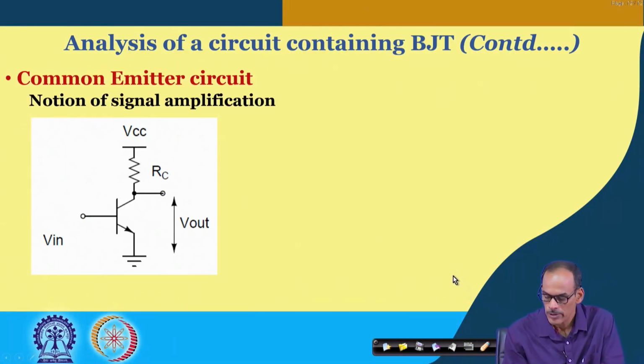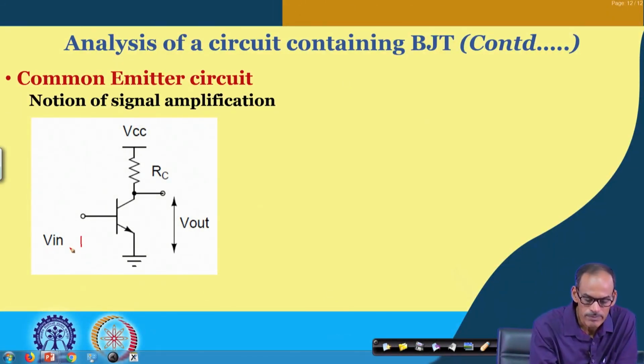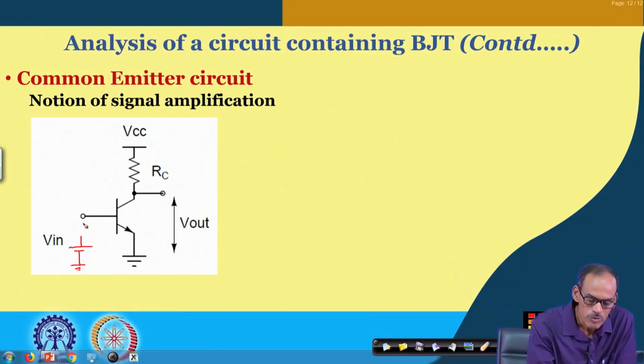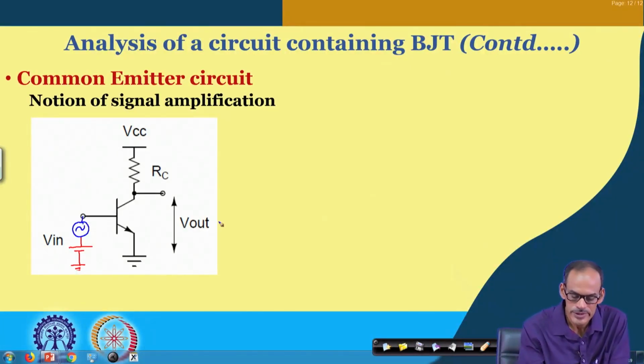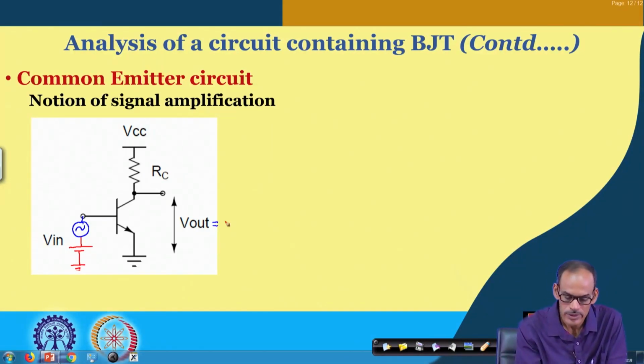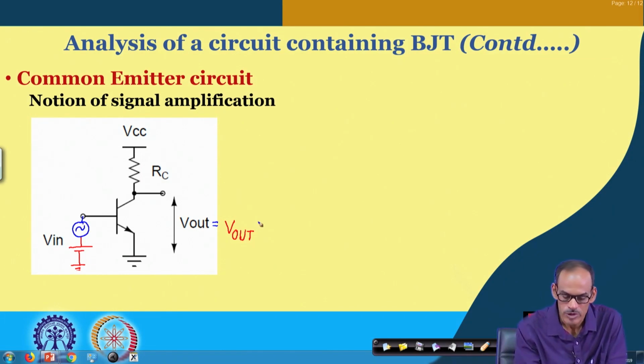So at the input, as I said, we have a DC part, and then we have a small signal part together, and it creates an effect here, which again has the corresponding DC part, and then a small signal part.